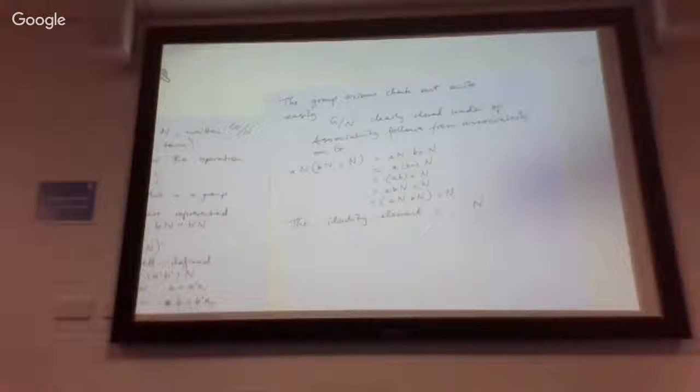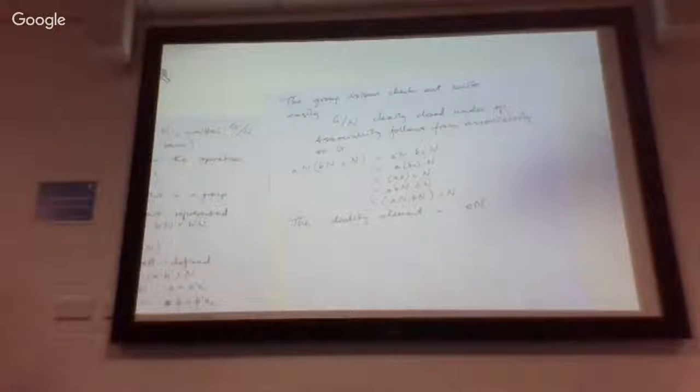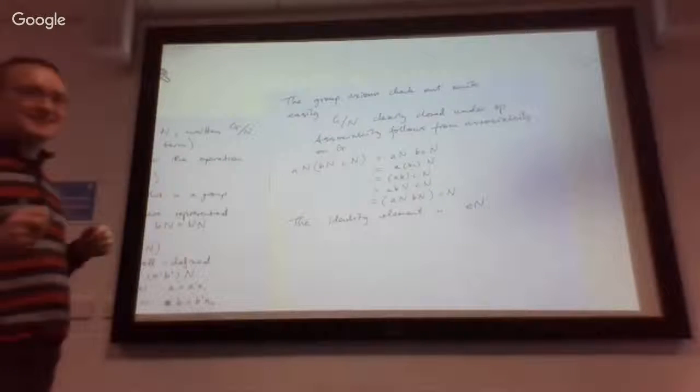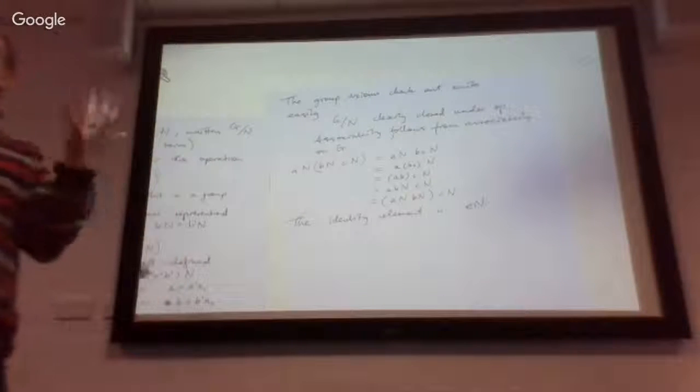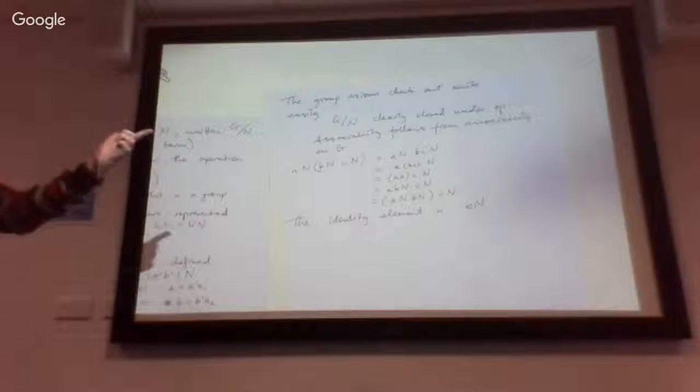Name one. I'm going to pull the trigger. Yeah, the identity. Which other element could it be? It would be so perverse if it was some non-identity element that generated the identity element. Sorry for trying to kill you, but just to emphasize how natural it is. It is the obvious thing. That is the identity element.